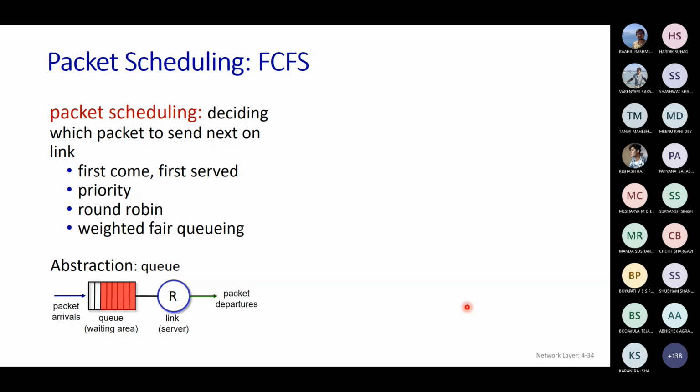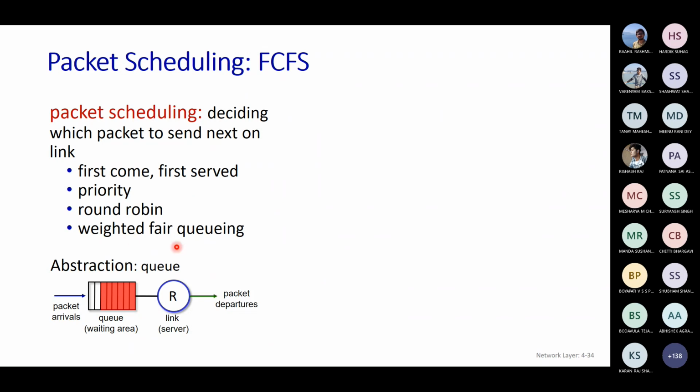We have also talked about priority scheduling, depending upon what kind of customers you have. Then if we talk about net neutrality, about being fair with everybody, round robin is one scenario, that is, the round robin way of scheduling the packets.